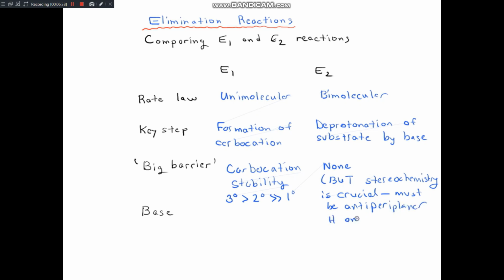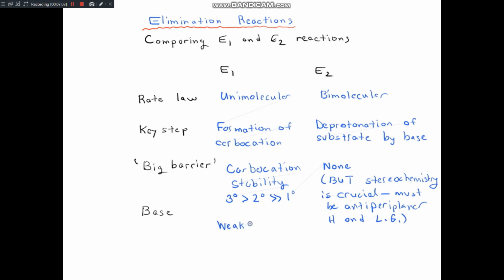Hydrogen and the leaving group. Okay, so you can still have an elimination reaction occur on tertiary, secondary, or even in some cases primary halides, but the key thing is going to be the stereochemistry to make sure that that can actually occur. And the last thing to talk about, contrasting the E1 and the E2, is the identity of the base.